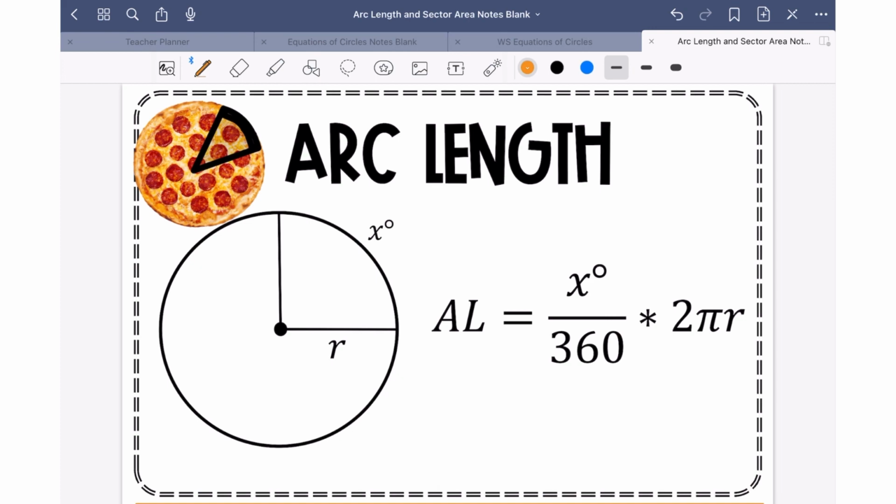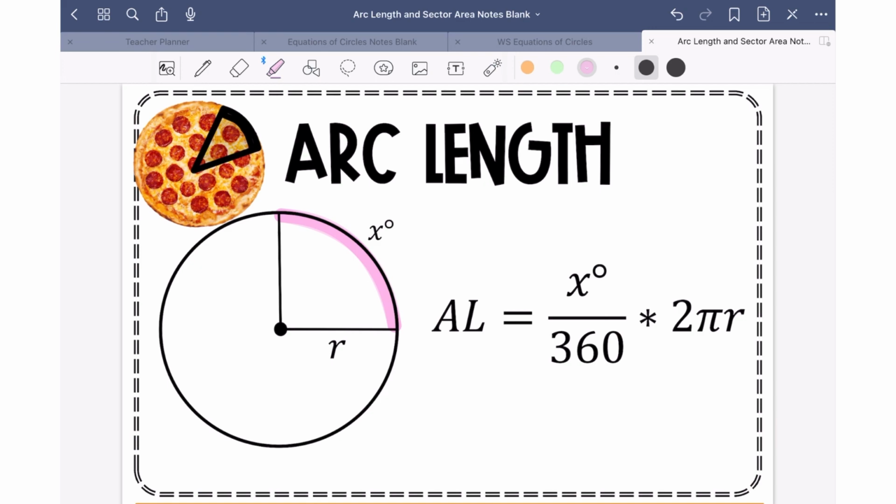For arc length, think of the pizza crust, right? That's why I have that drawn on there. If you have a highlighter, you might want to highlight this part of the circle, which is the arc length. Again, if we're talking about pizza, it would be the crust, okay?